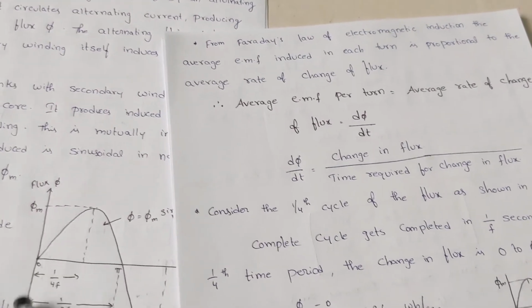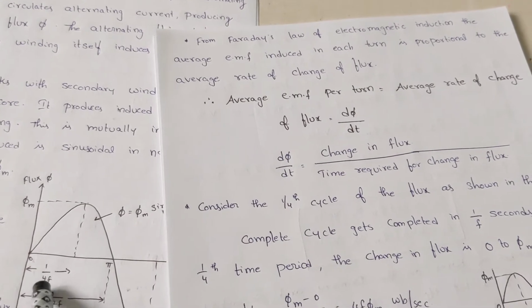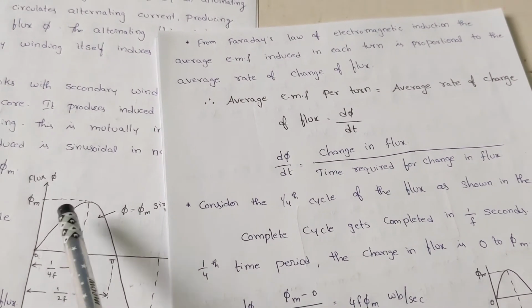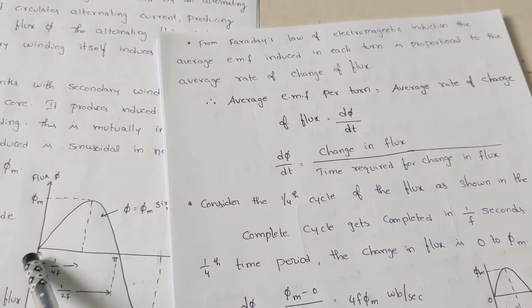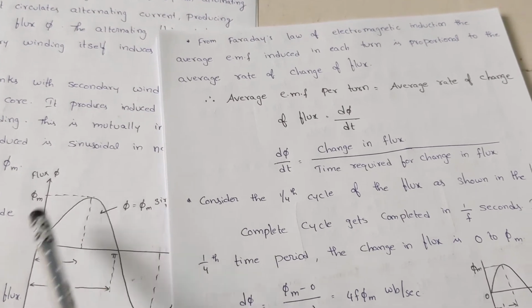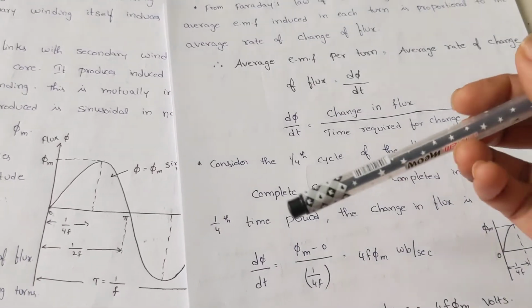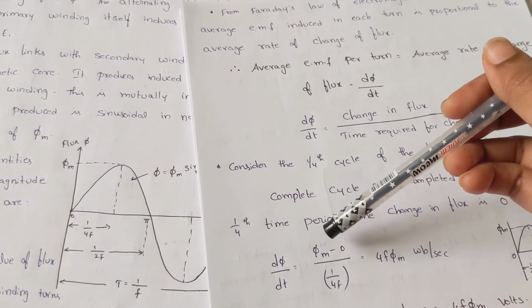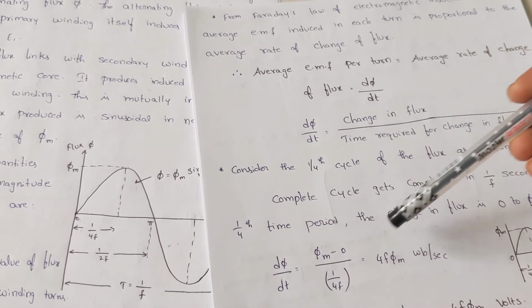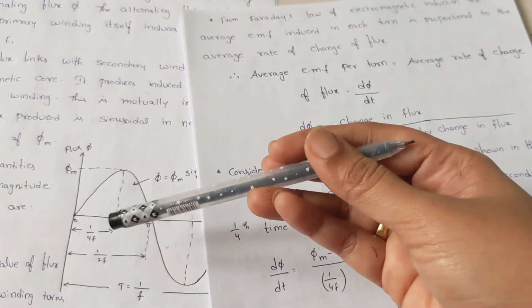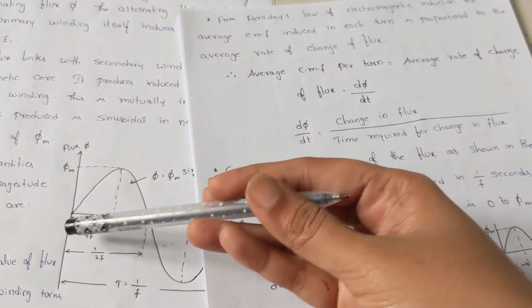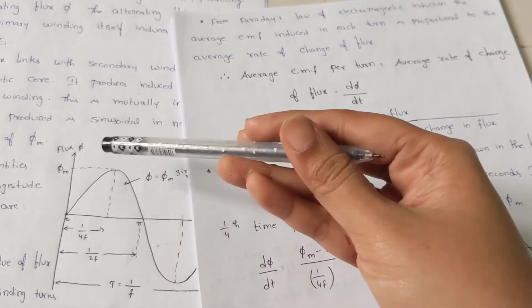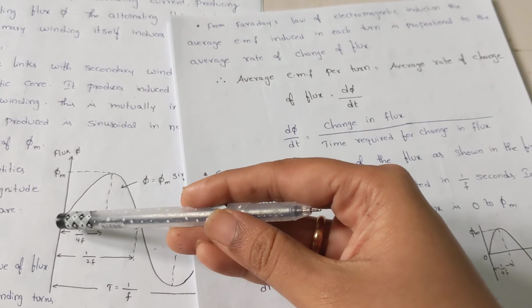We already saw that in 1/4f seconds, the flux varies from 0 to phi m. So I can write this as y2 minus y1 divided by x2 minus x1, where x2 is 1/4f and x1 is 0, y2 equals phi m and y1 equals 0.